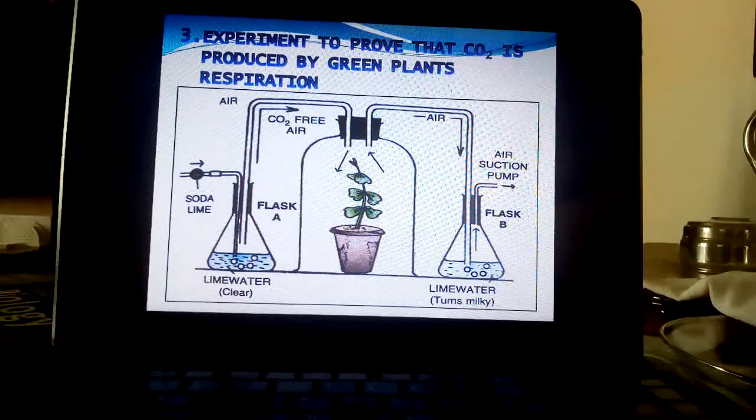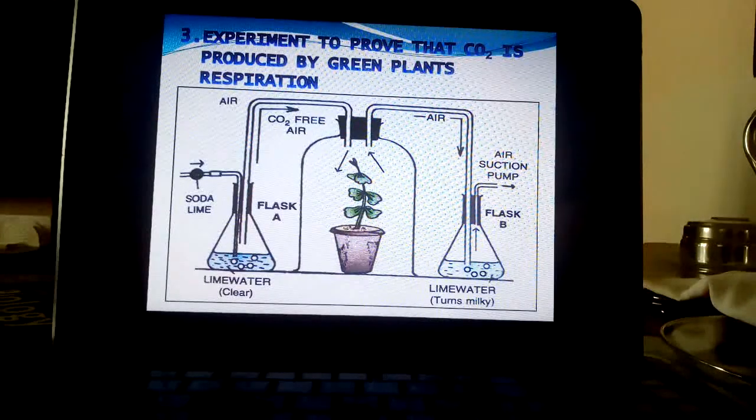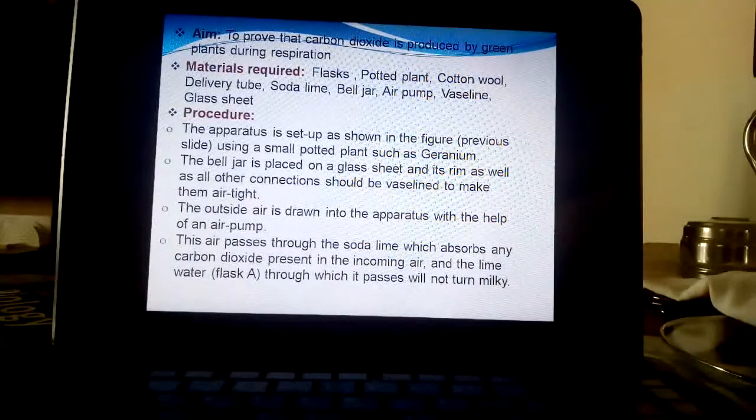In experiment 3 also, if you observe, from flask A to the plant and from the plant to flask B, the channel, the route or the path can be provided by using a suction pump. Is that clear? Now, the aim of the experiment is to prove that carbon dioxide is produced by green plants during respiration.